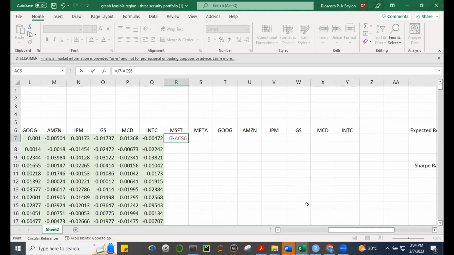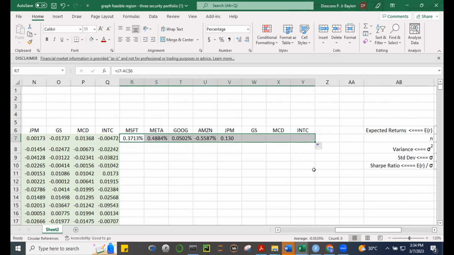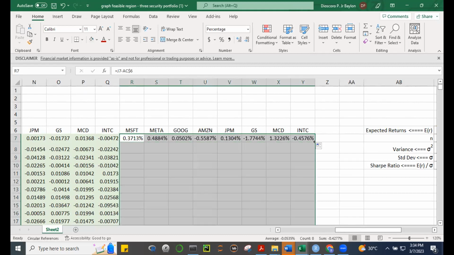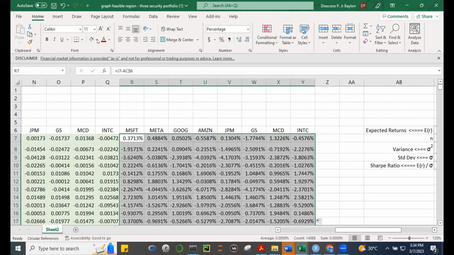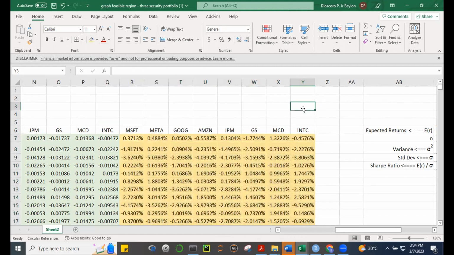So we subtract all of the returns here from the average returns. I just copy this to the left and then copy this down. And then I color this for easy reference. Again, let me stop and wait for you to follow along.